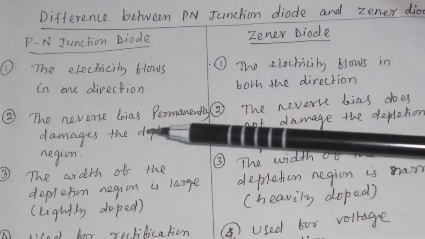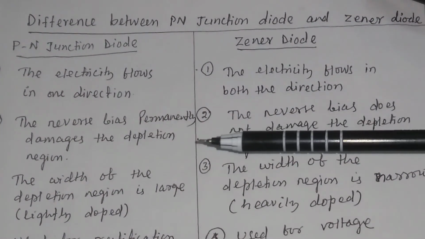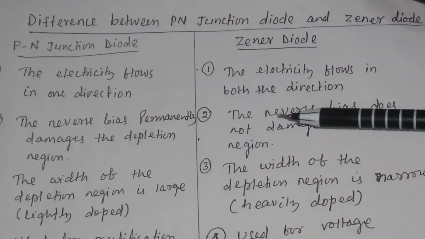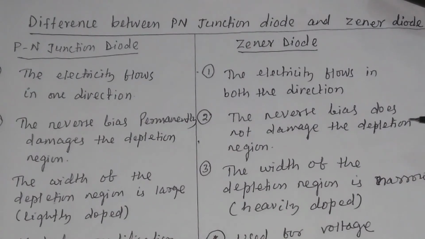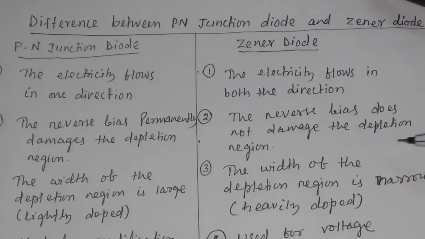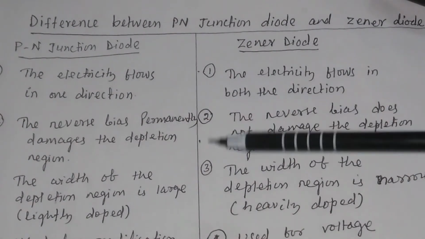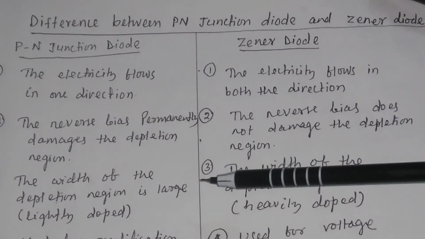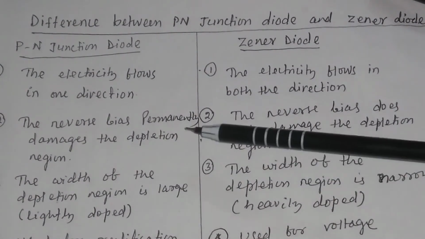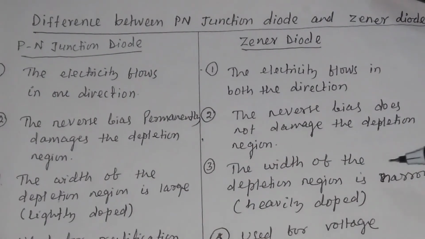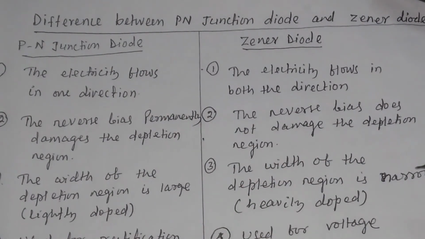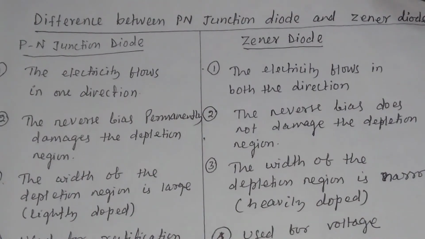Number two, the reverse bias can permanently damage the depletion region in the case of a PN junction, but in the case of a Zener diode, the reverse bias does not damage the depletion region. The third point is that the width of the depletion region is large in a PN junction because it is lightly doped, but in a Zener diode the width of the depletion region is narrow because it is heavily doped.